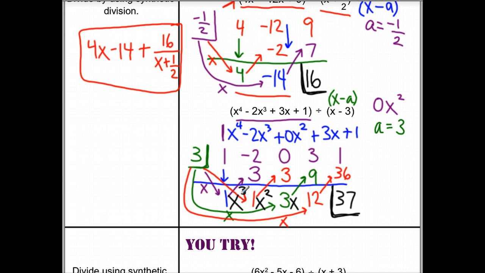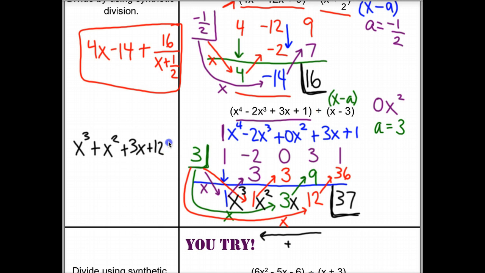So notice that we are adding on variables with the degrees going from right to left, and we are increasing in degrees. So how we would write our answer is x cubed plus x squared plus 3x plus 12.